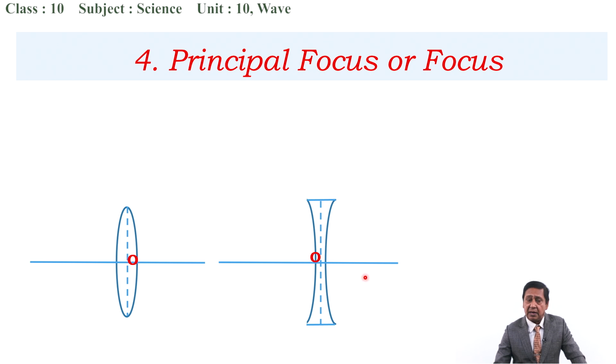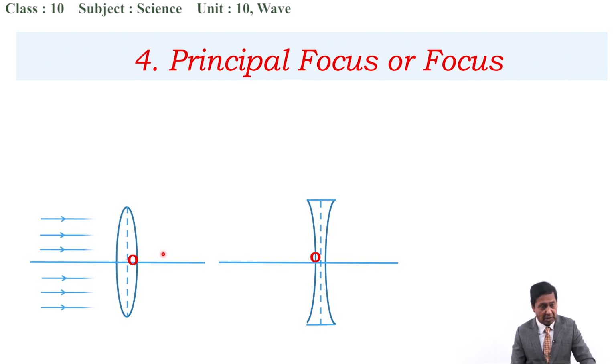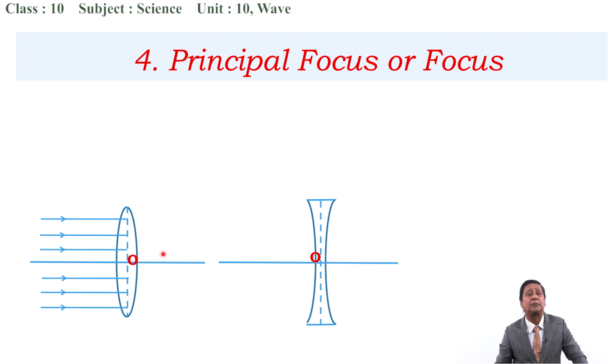Now, if rays of light parallel to the principal axis strike the surface of this convex lens this way, then after refraction, what is found? All of them converge at a point.